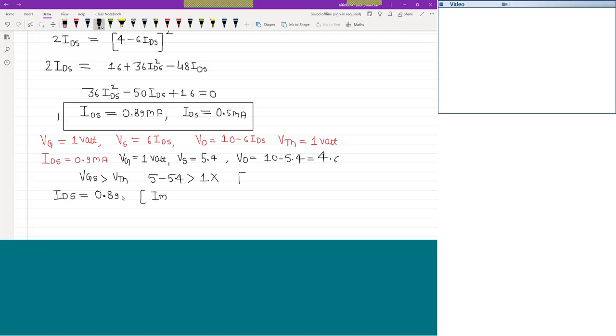When the channel is not even forming, how can this 0.89 milliampere current be possible? Because there is no channel. So this much current cannot flow through the transistor.